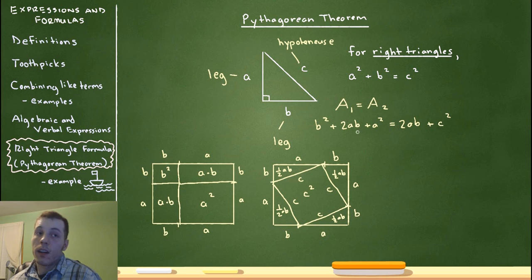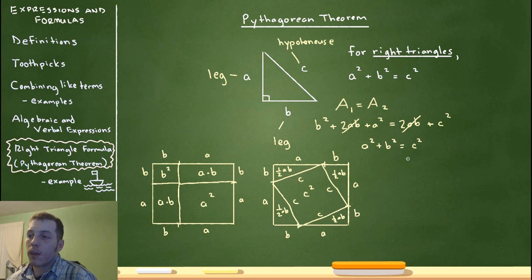Okay, so we didn't talk about equation solving yet. However, what we have here is that we have a 2ab on the left side of the equation and a 2ab on the right side of the equation. Those cancel each other out because we have the same thing on both sides. So what we're left with is a squared plus b squared is equal to c squared.